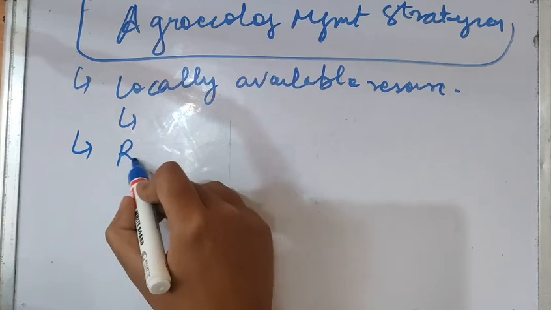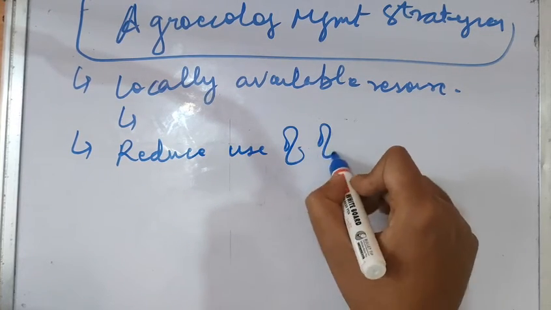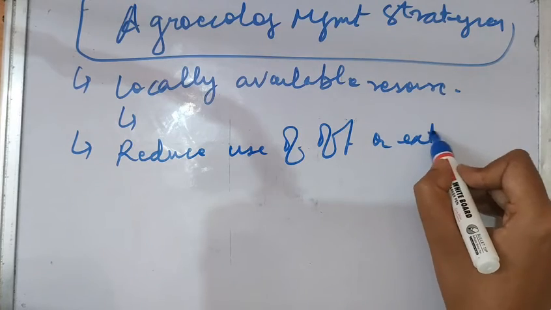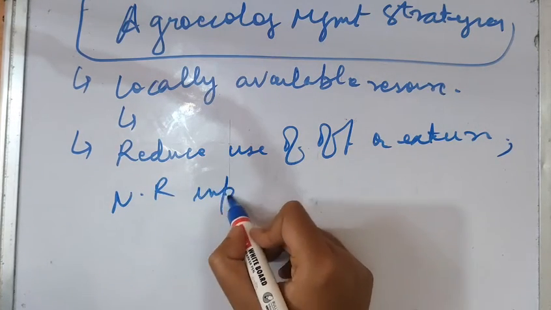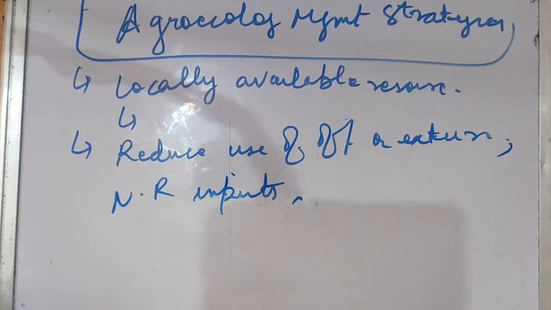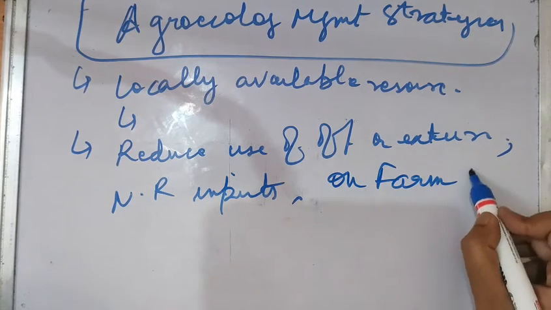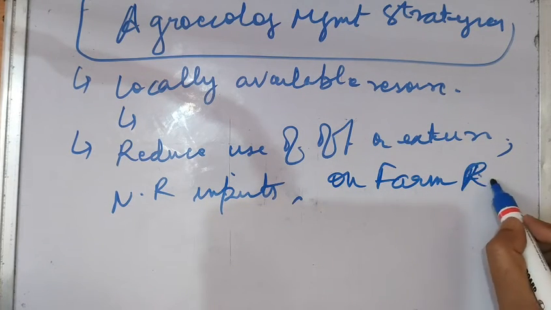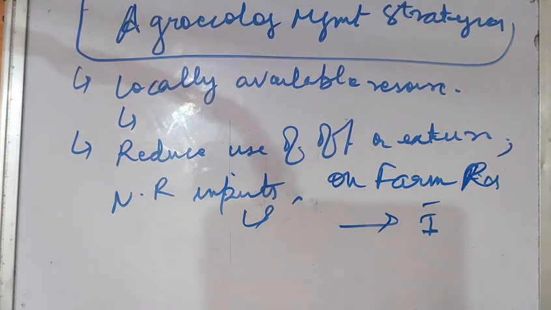And we reduce the use of off-farm or external or non-renewable inputs, for example high fertilizers and pesticides. We are going to depend on farm resources that are available on the farm. The waste of one becomes the input of another. This type of thing is integrated farming systems, which we have seen.